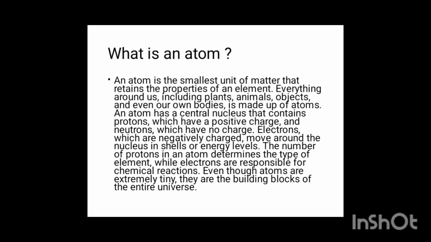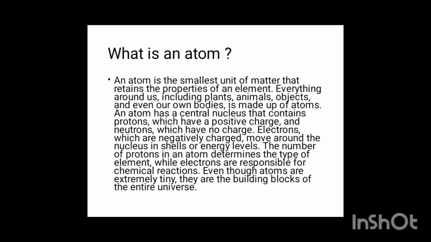Okay, an atom has a central nucleus that contains protons, which have positive charge, and neutrons, which have no charge. No charge means it carries no charge. So the nucleus of an atom is present in the central area of the atom, and it carries two particles, which are protons and neutrons. Protons are the positive charges, and neutrons have no charge.